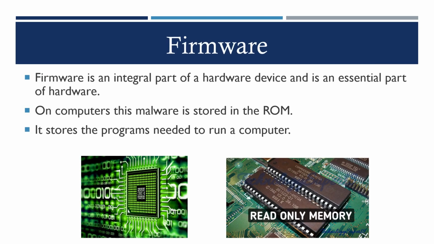Now the next computer system element, firmware. So what is firmware? Firmware is called an embedded system, and it's embedded in hardware, and that is the most important thing we need to start up the computer. This system is inside the ROM.